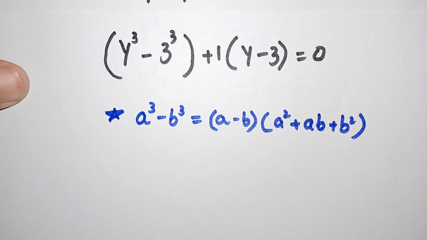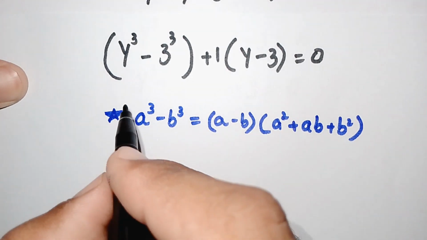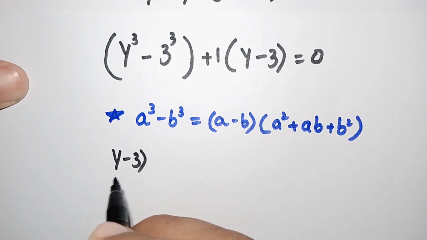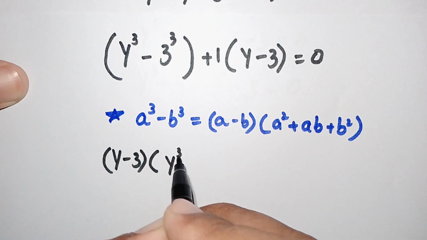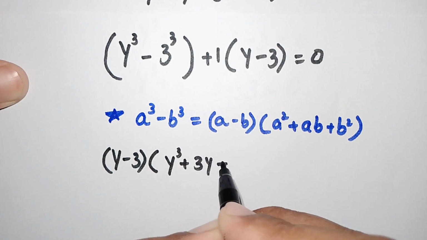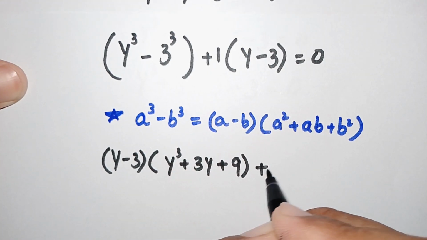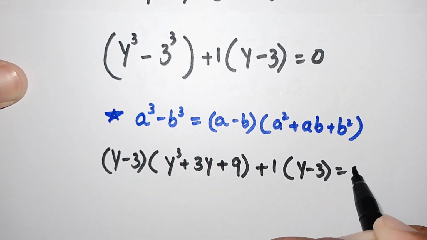So this y to the power of 3 minus 3 to the power of 3 will be equal to y minus 3 times y square plus 3y plus 3 square, which is equal to 9, and here plus 1 times y minus 3, which is equal to 0.